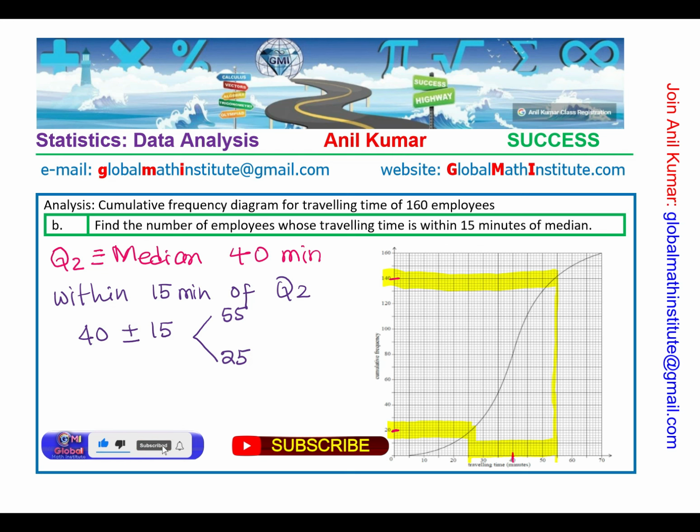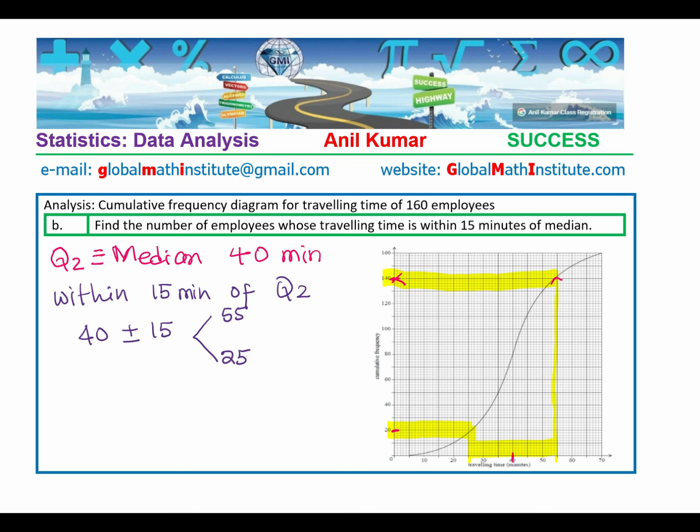Perfect? So those who take 55 minutes are, if you read here, it gives you a value which is approximately 142. And those which are taking 25 minutes from the graph, it is this value, which is 80.